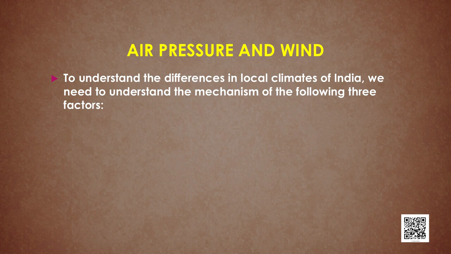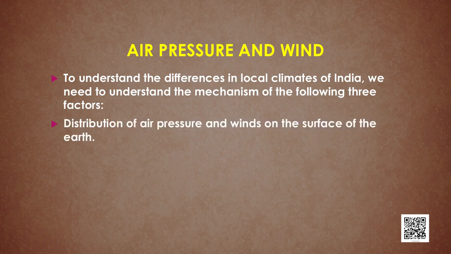Now let us talk about air pressure and wind. Children, do not consider this a difficult topic. Air pressure and wind are very important to understand the differences in the local climate of India. We need to understand the mechanism of the movement of wind and the distribution of air pressure on the surface of the earth.